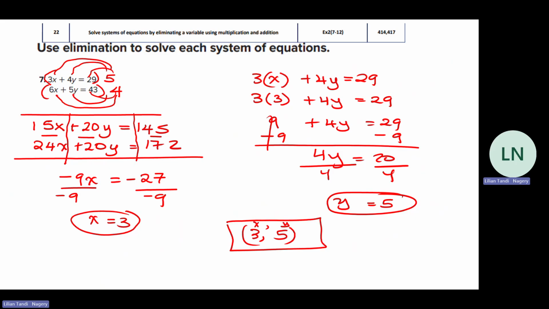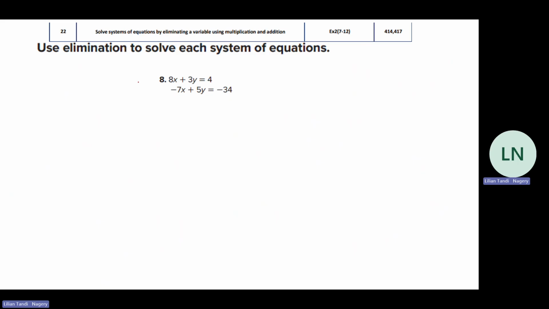xy, okay? Same thing here. I will eliminate. I can eliminate x, okay? So parentheses, I'll put here negative 7, I'll put here 8. And then I will get 8 times 7 should be 56, but that is negative 7, so negative 56.